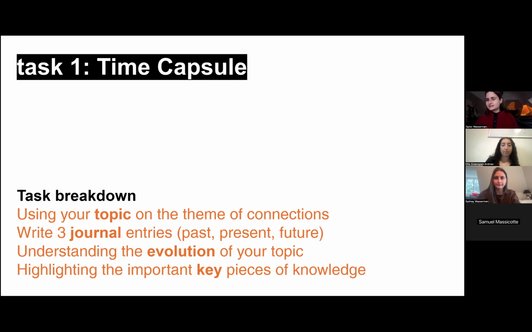So I feel like that's a really cool ability for us to use in this exercise. We can pull out key dates, key people, or key discoveries from each era, mainly from the past, to bring in what you would want to communicate. So the idea is for somebody opening these time capsule letters to better understand the evolution of this topic.